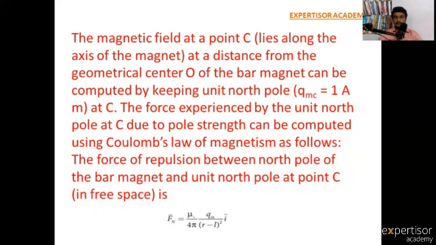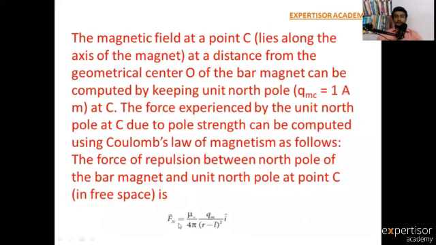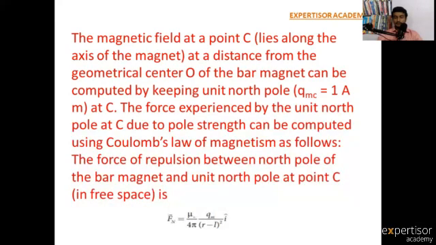The force of repulsion between the north pole of the bar magnet and the unit north pole at C: Fn, the force by the north pole, is mu naught by 4 pi into Q1 Q2, where Q1 is Qm and Q2 is the unit north pole QMC equal to 1, divided by r squared.